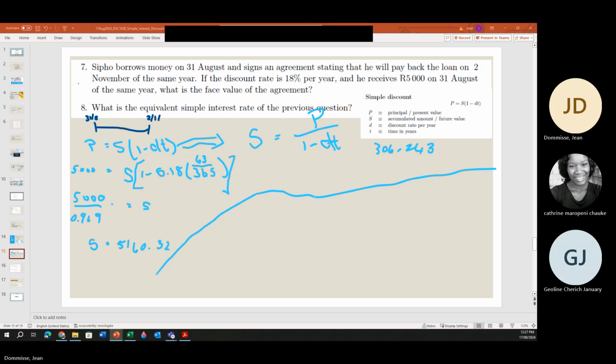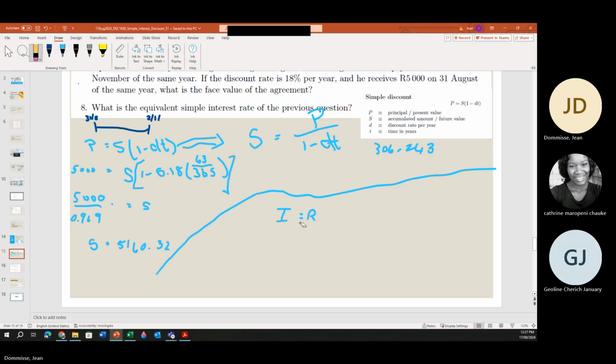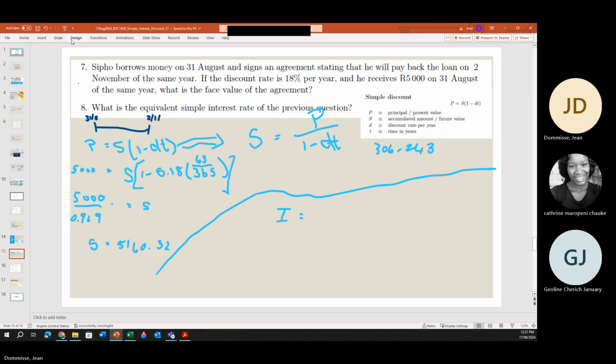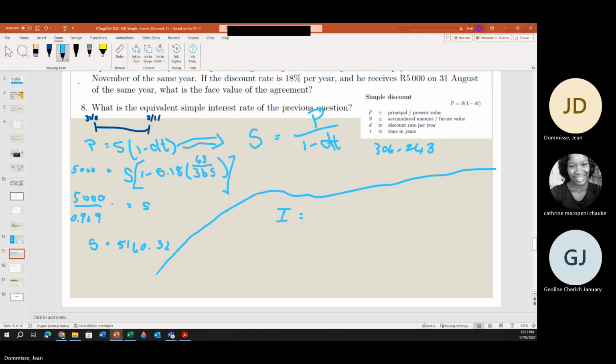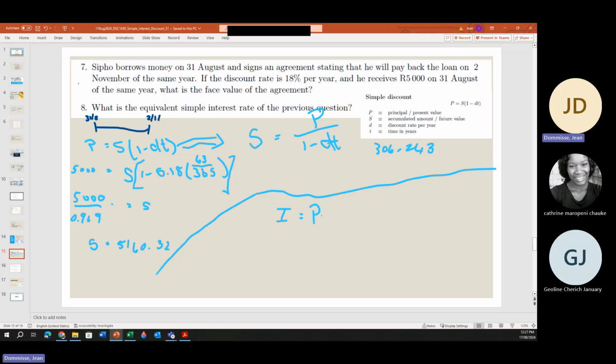So let's check. They ask us what is the equivalent interest rate of the previous questions. So we need to work out the interest rate. Interest is equal to PRT.